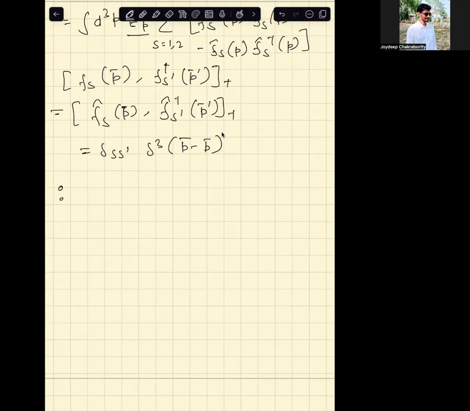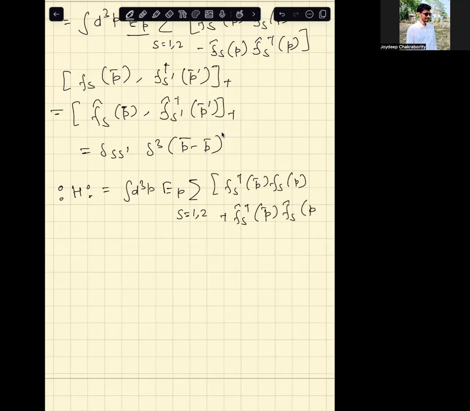And then you can write down your normal ordered harmonic system Hamiltonian as ∫d³P E_P, where the polarizations are there, F_s dagger P F_s P plus F_s hat dagger P F_s hat P. The annihilation operator will be at the right. So that's how you define the normal ordered Hamiltonian. So this is for the Fermion case, we can define this thing.